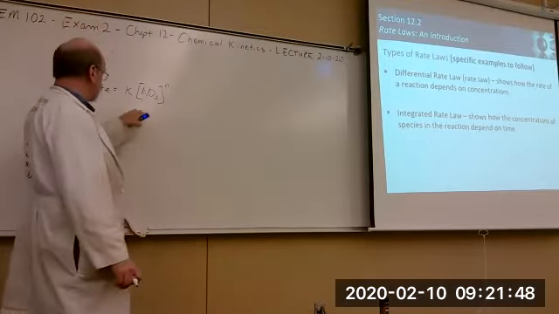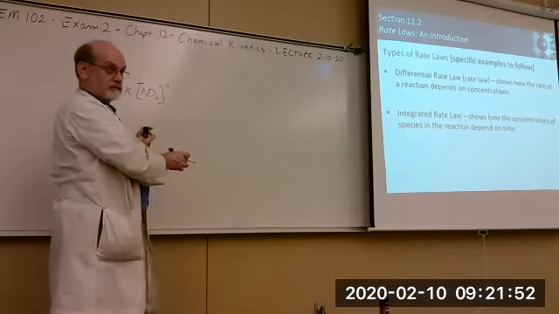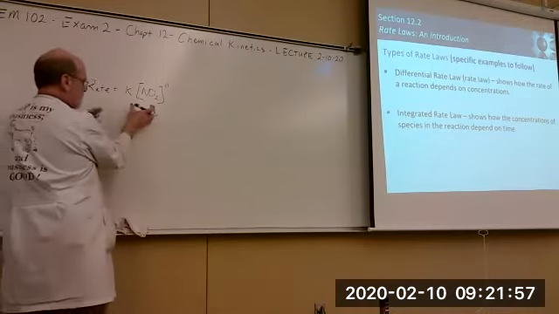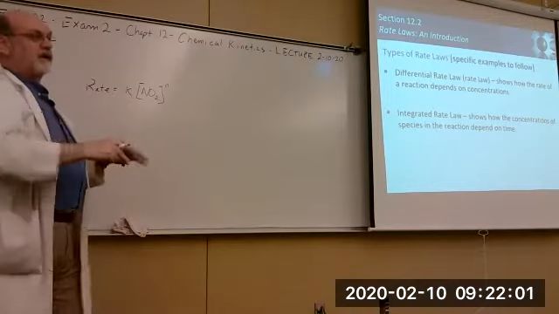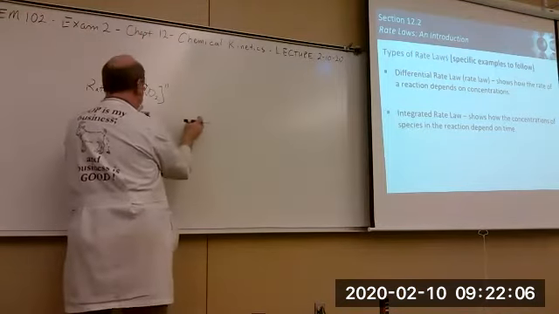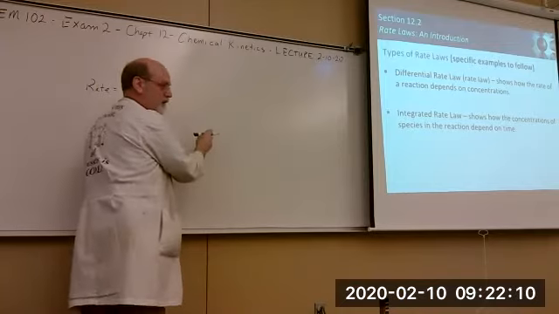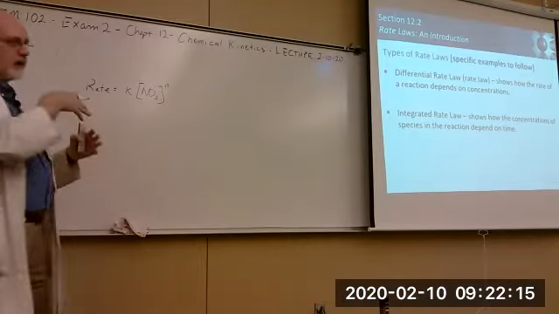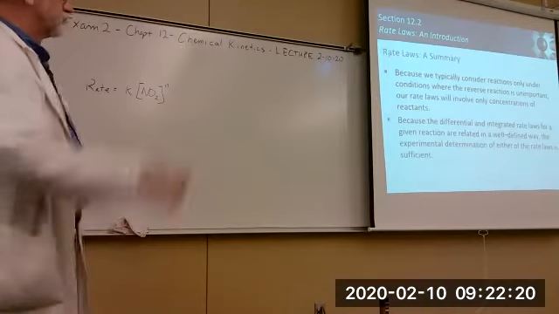So this one has no separate time variable in it. With the integrated rate law, there are variables on this side that introduce time, and the answer that you get is not the rate, but the concentration. I'll show you an example.